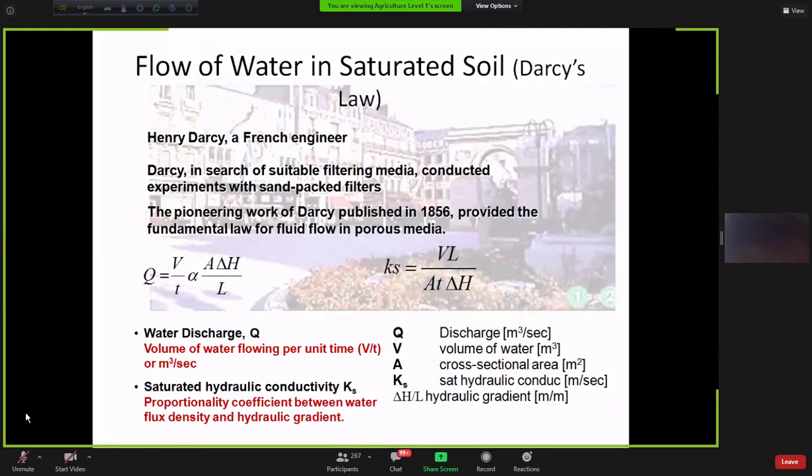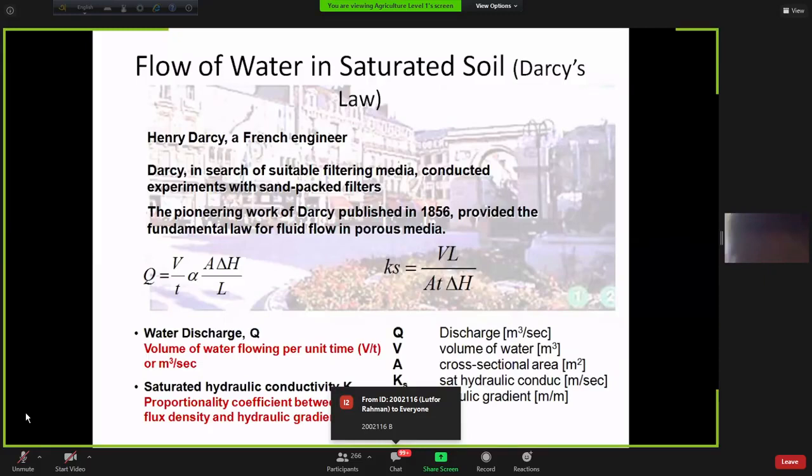Yes, sir. Okay. So if I ask you, from the three observations of Mr. Darcy, derive the equation Ks equals VL divided by A t delta H, can you write it down from these three observations?